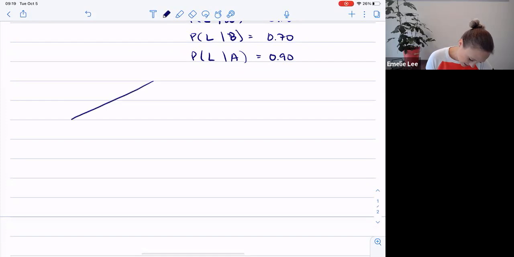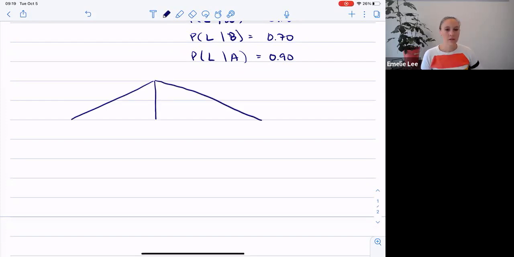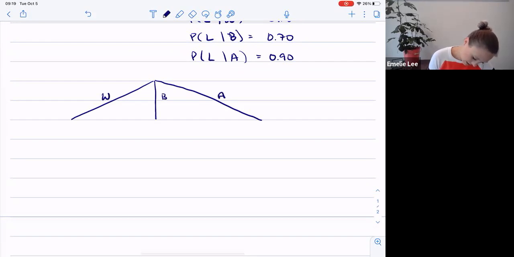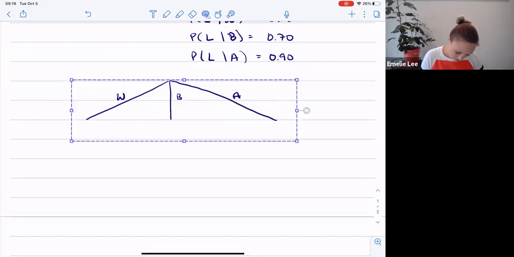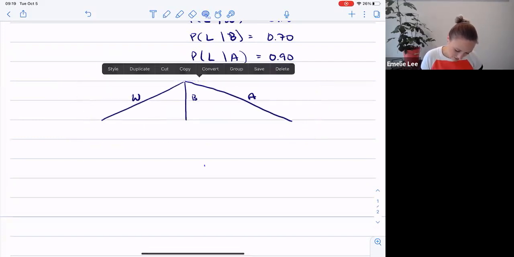And I know I have 3 race categories. So you can be white, or you can be Black, or you can be Asian, or nothing, I guess, in this situation. That's fine. We like to simplify problems.